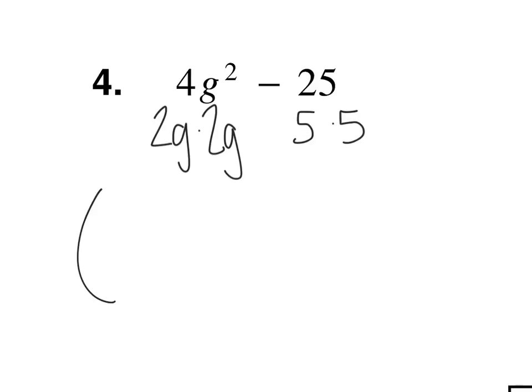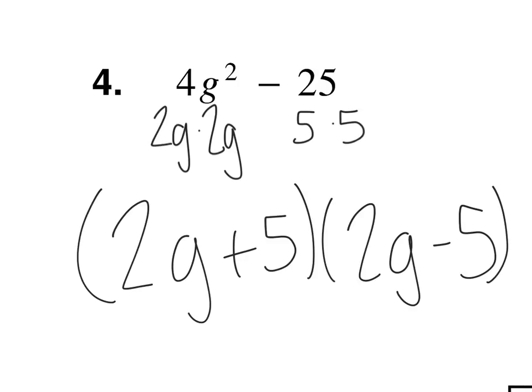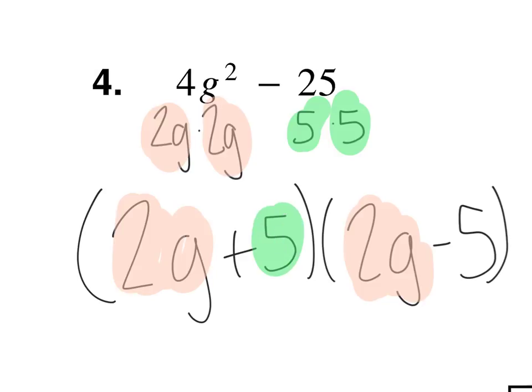So just like all the others, this will factor nicely into 2g plus 5 and 2g minus 5. So notice that my 2g's went first in my parentheses because that was the first part of my problem, and then my 5 went second because that was the second part of the problem.